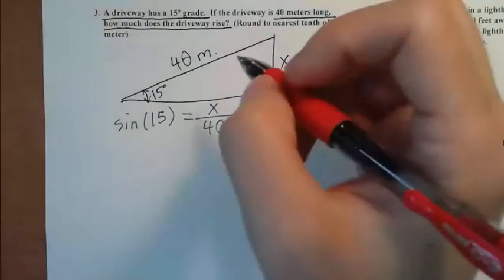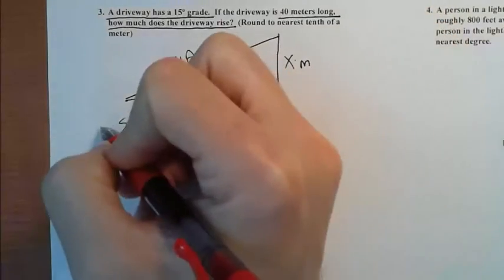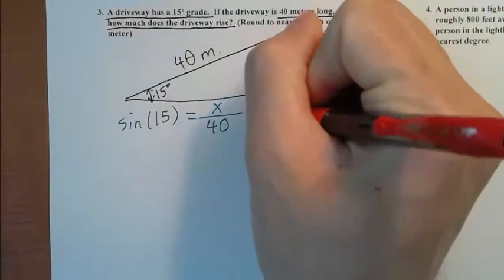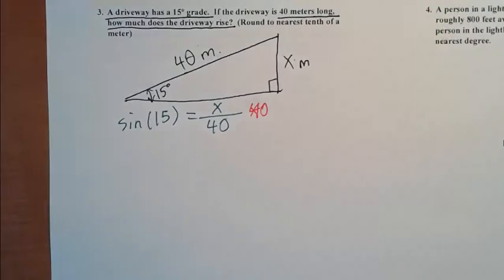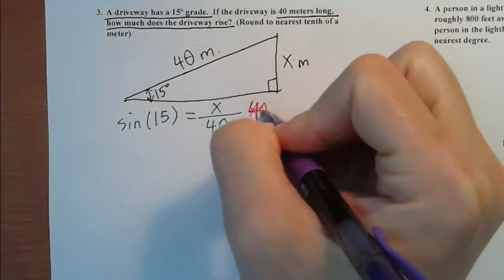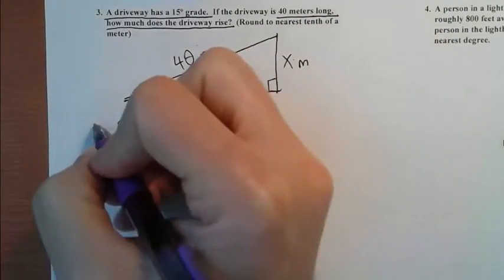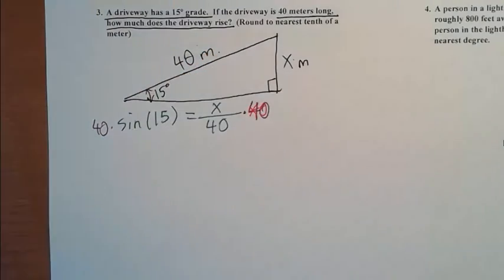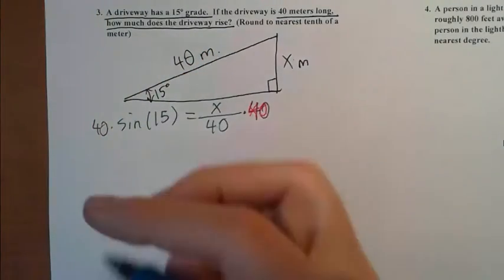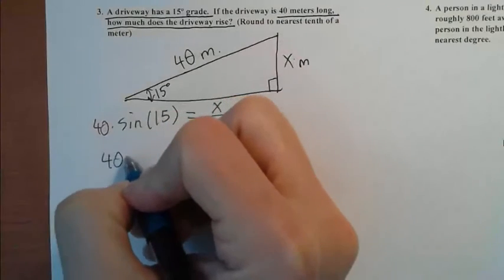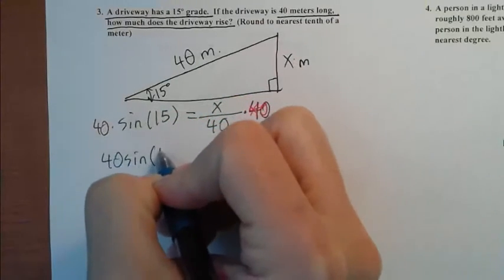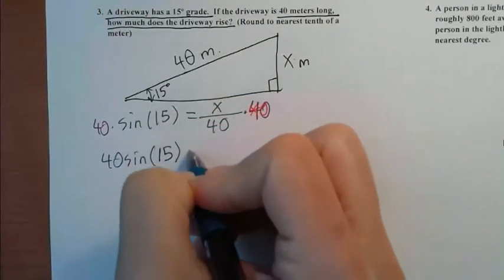So I'm going to multiply by 40 on both sides of this equation, so that our final answer we can put in our calculator would be 40 times the sine of 15.